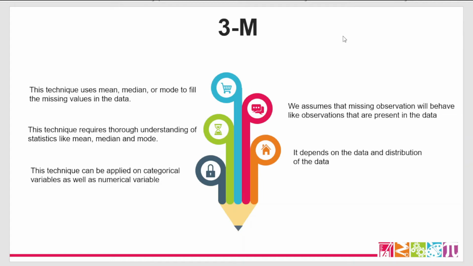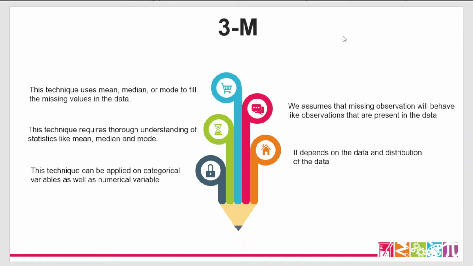These techniques require a thorough understanding of some of the concepts in statistics. The obvious one is mean median mode, or you can say measure of central tendency. Then there are concepts like normal distribution, skewed distribution, which we will try to cover as much as possible in this video. And the good thing is that this technique is suitable for both the categorical and numerical variables.